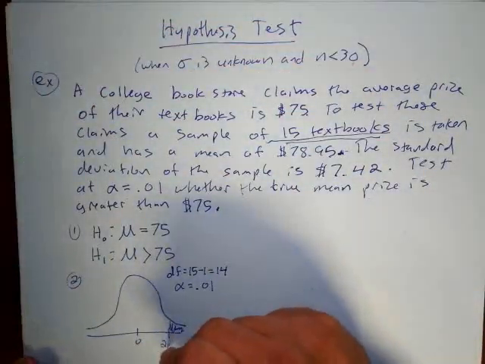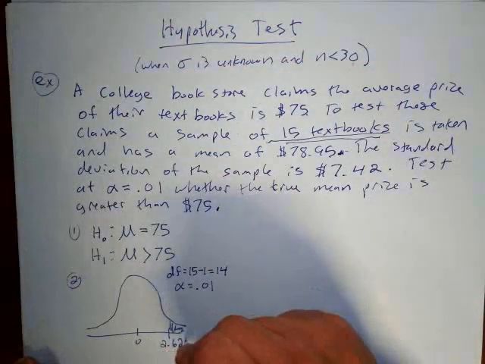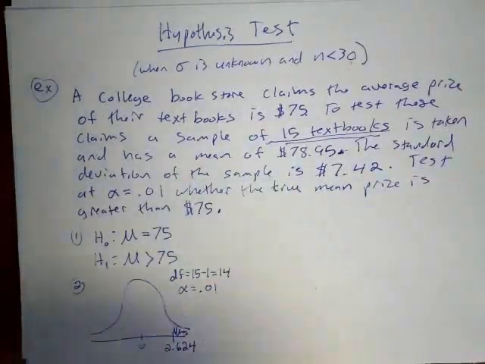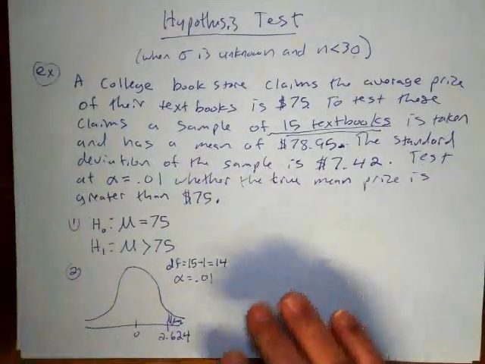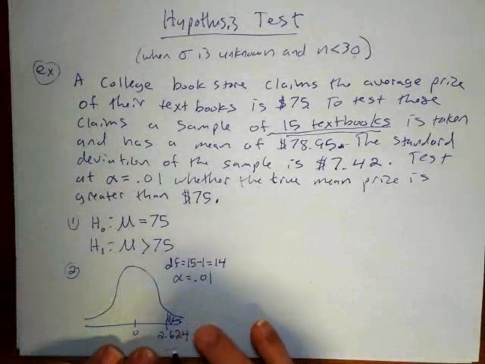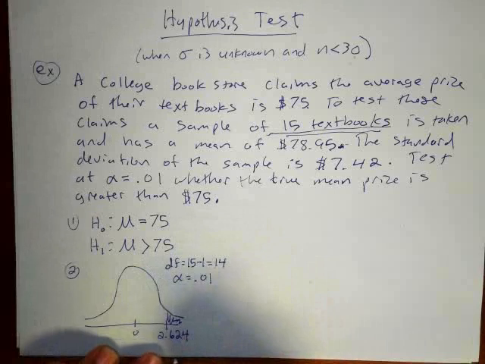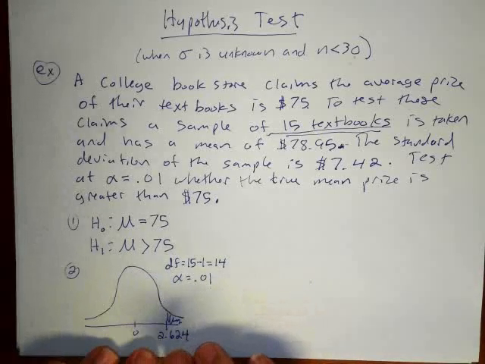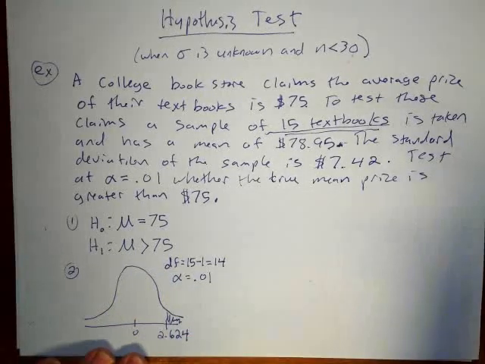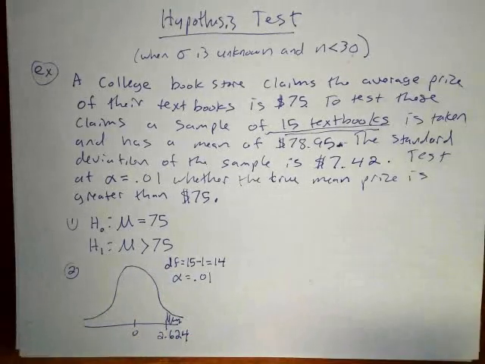That's a little bit bigger than the critical z-value, which would have been 2.326. So what you're really doing is requiring a little more evidence in order to reject, which makes sense because you have a smaller sample.